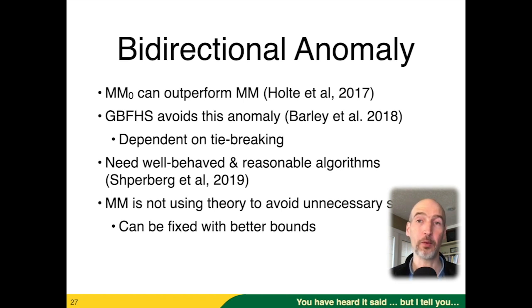And therefore, there were states that it was expanding that, according to the bidirectional theory, did not need to be expanded. And so if you fix this with better propagation and calculation of heuristic values and necessary expansions, you could actually fix most of the anomaly that was occurring in MM, up to the same tie-breaking issues as before.